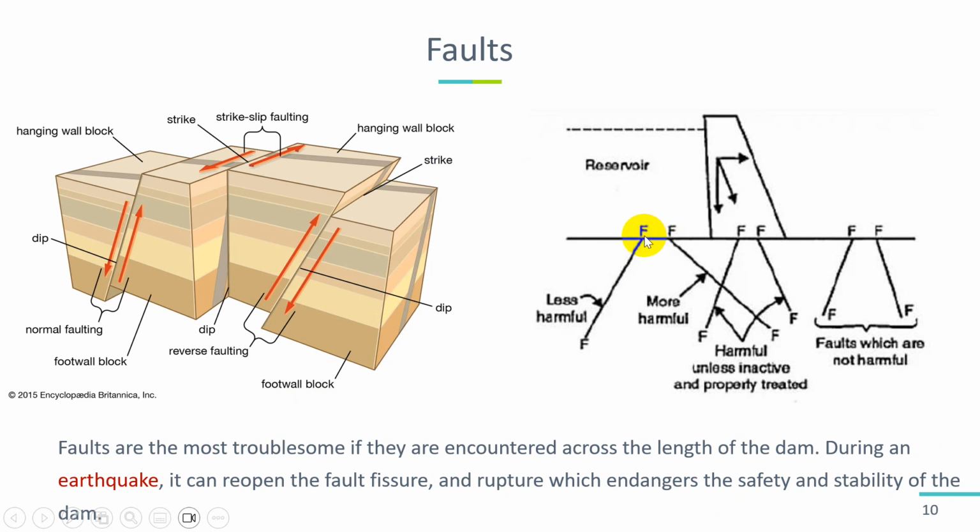When the fault location is here in the reservoir, this is less harmful, but when the fault location is below the dam here, it's very dangerous. And if the fault location is in the downstream, faults are not harmful. These are types of faults like transform, normal, and strike.